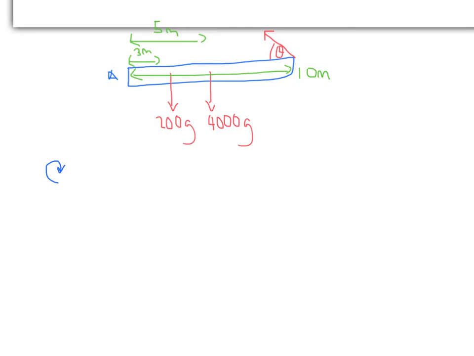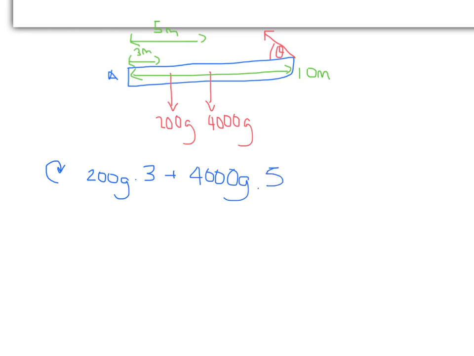let's first of all have a look at the clockwise moments. So we've got your 200g multiplied by its perpendicular distance, so that would be this 3 meters. We've got this 4000g, so the centre of mass of your drawbridge, multiplied by 5.